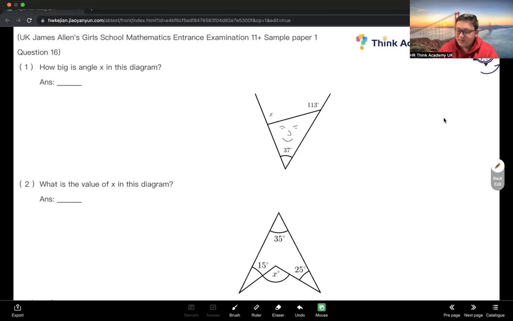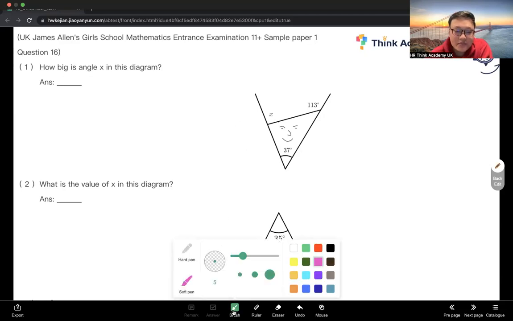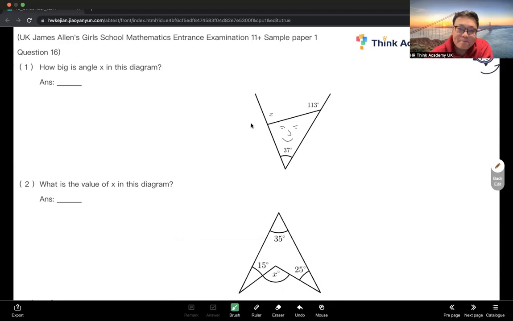For this question, you have to use some unknown letters to help you. We definitely need to use these two angles, but we've got no idea about their measure, so we can set this one as A and this one as B. So what do you have, guys? In this triangle, A plus B plus 37 equals 180 degrees, right?